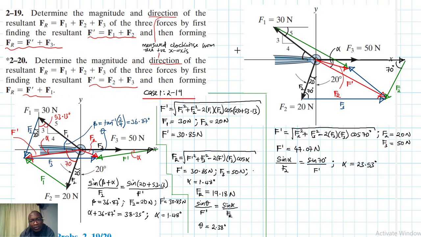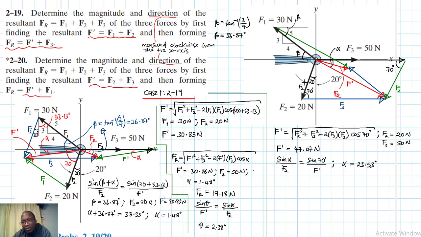Let's call this beta, which is also equal to that one there. Beta is equal to tan inverse of 3 divided by 4, and as we calculated, it is 36.87 degrees.